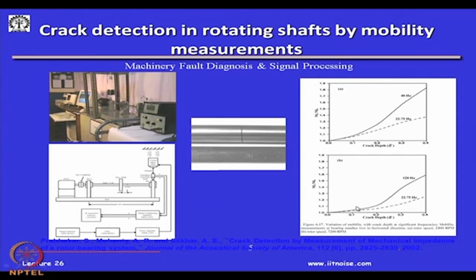So, to summarize, for various crack depths, mobility is very sensitive, and these are at the rotational speeds 22.75, 40 hertz, 120 hertz, and so on. At different speeds we have seen the mobility.